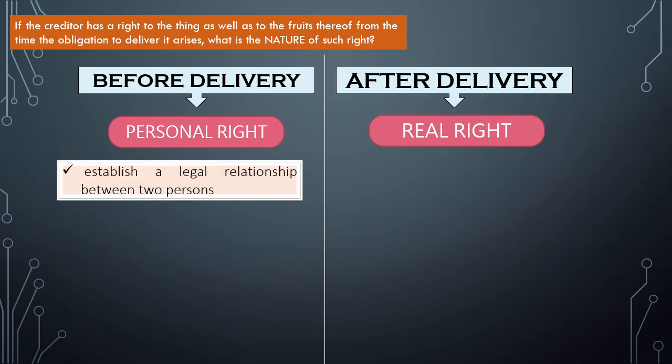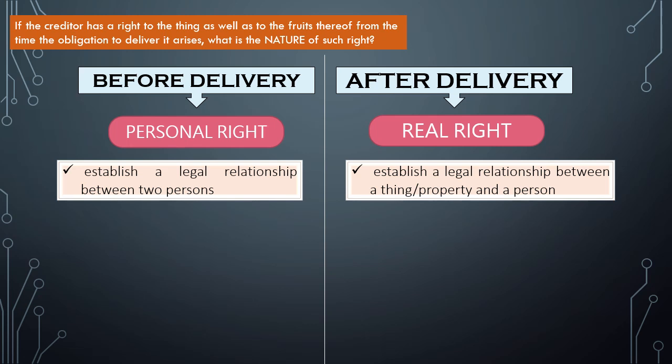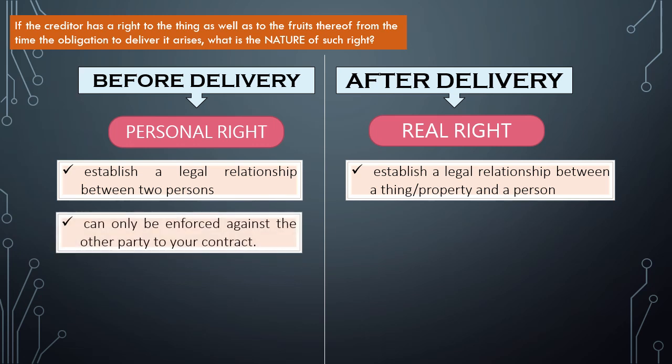So what is the difference between the two? If it is a personal right, it only establishes a legal relationship between two persons. When you talk about a real right, that establishes a legal relationship not between two persons but between the thing or the property and a person.